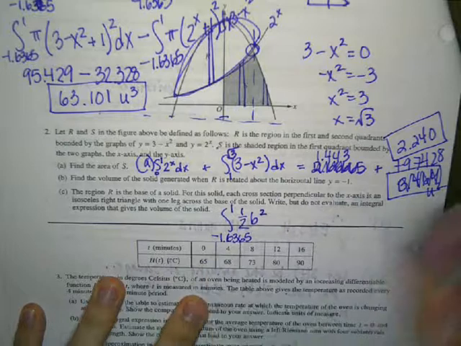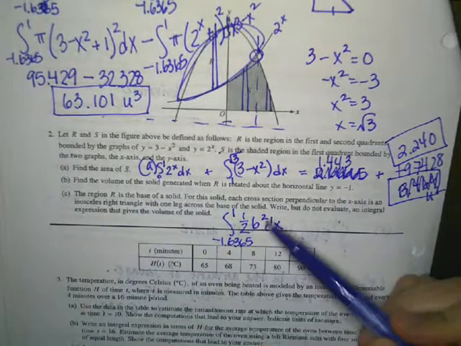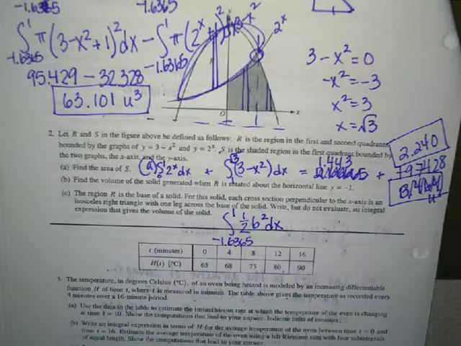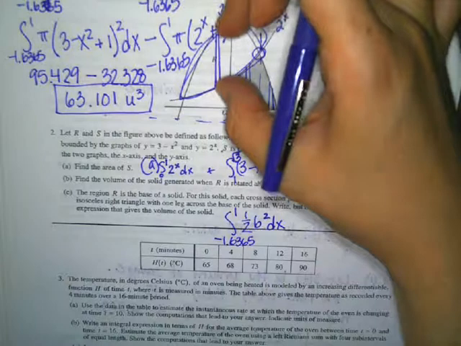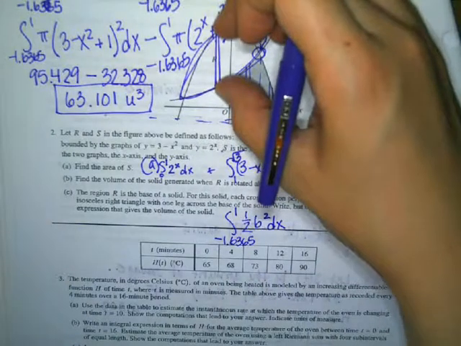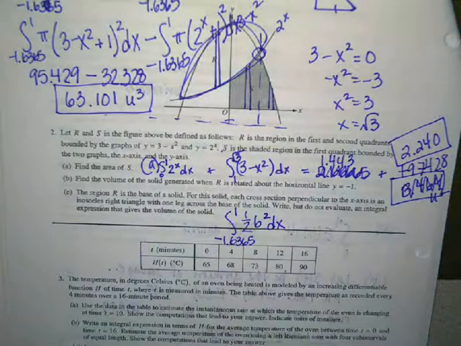And it's taken perpendicular to the x-axis, so we have a dx, which means my base has to be written in terms of x. But my base is top minus bottom. So that's how you would put the 3 minus x squared minus 2 to the x in for b. Once again, we'll pick up there tomorrow.